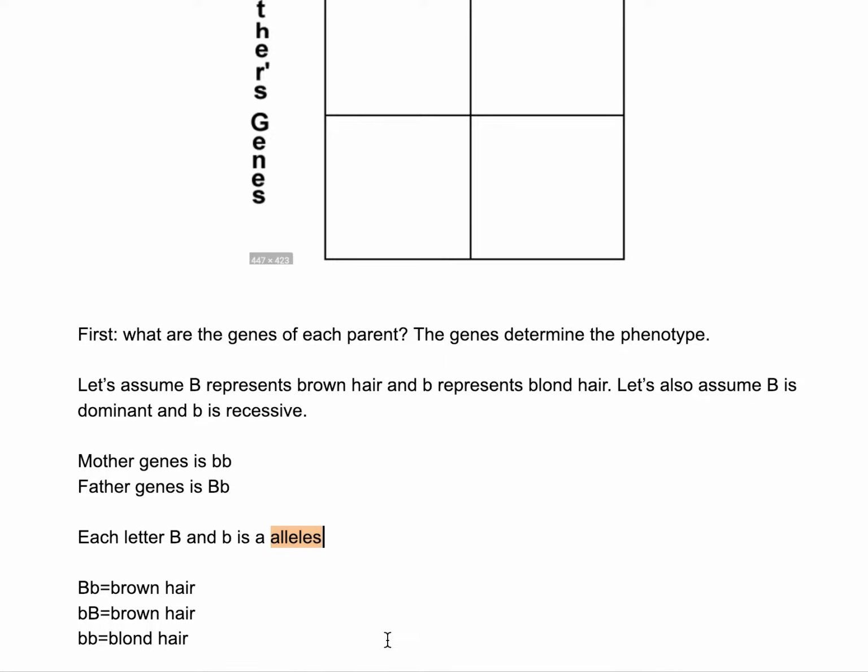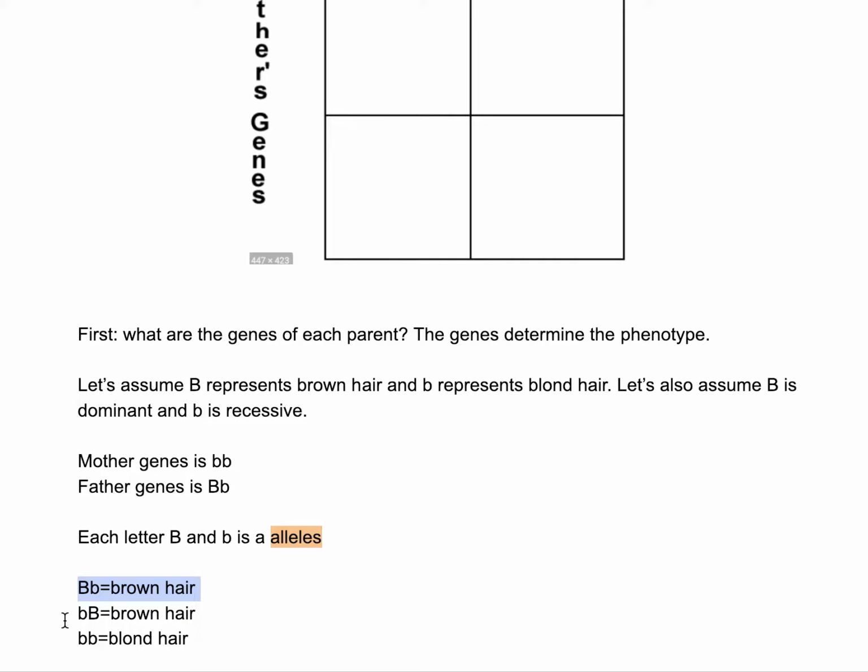And because uppercase B is dominant and lowercase b is recessive, when you have a combination of both, for example, the father got uppercase B and lowercase b, one from mom and dad, because he got an uppercase B, his hair is brown because the dominant trait won.